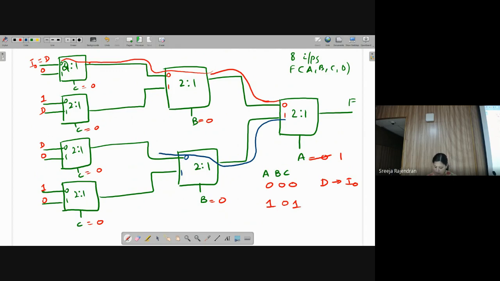And C is 1. C is 1 means I come through this path. So this is I0, I1, I2, I3, I4, I5. So I5 is the input that is connected to the output. All right.